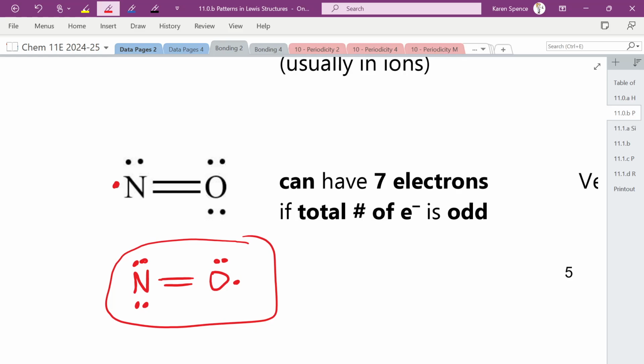But this one is really cool. So this one, we have phosphate, sulfate.